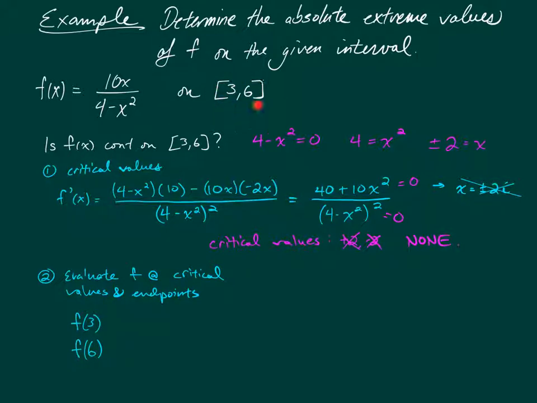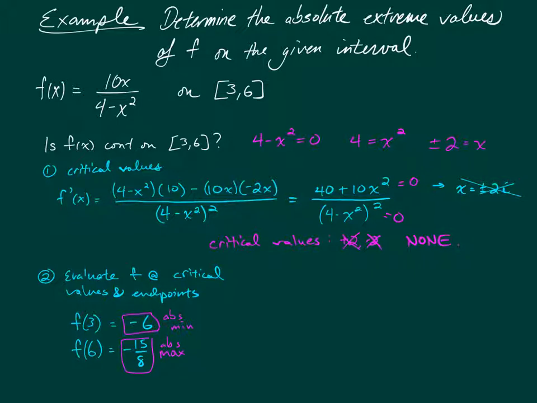We only have these two endpoints. So when you evaluate both of these, you end up with these two values right here. And then we can go through and say that this is the absolute max and that this one is the absolute min.